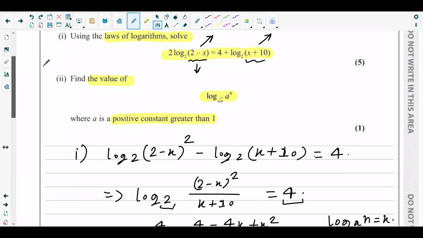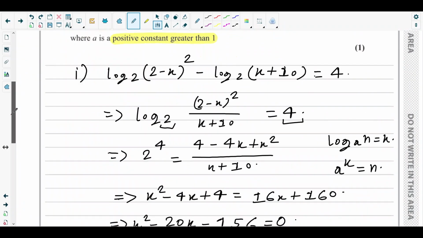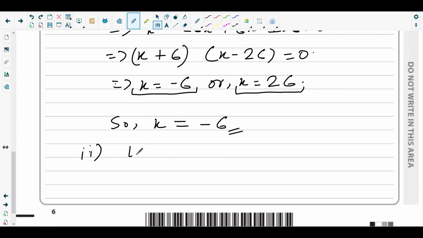If we can represent a to the power 6 in terms of square root of a, then we can eliminate the log. So it can be written as log base square root of a of a to the power 6.